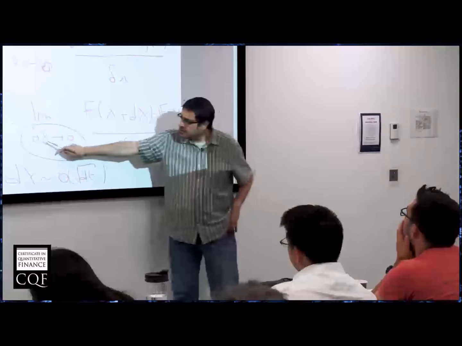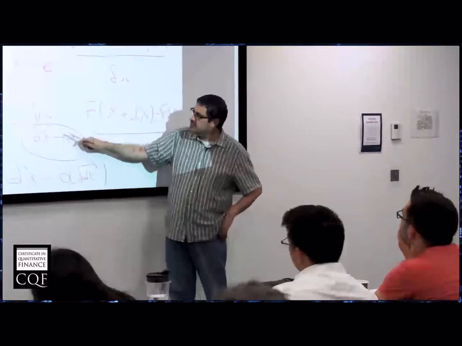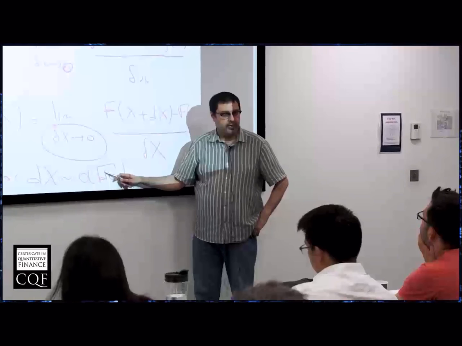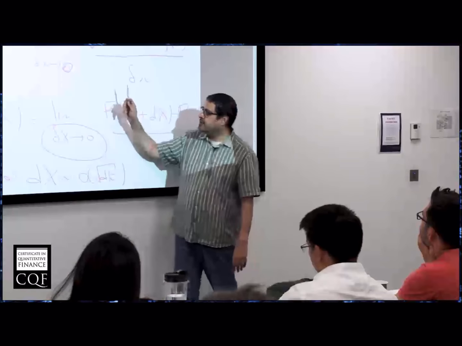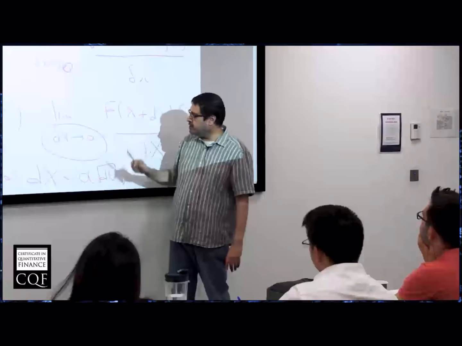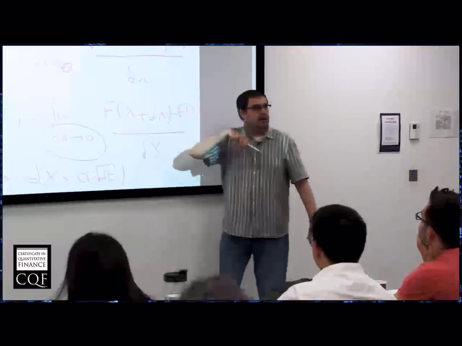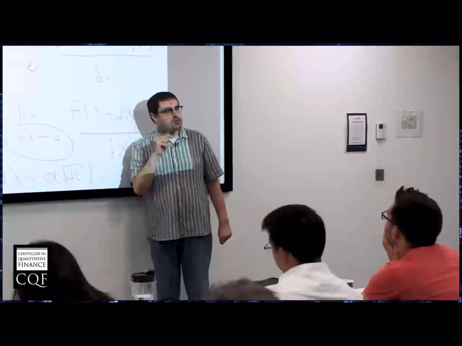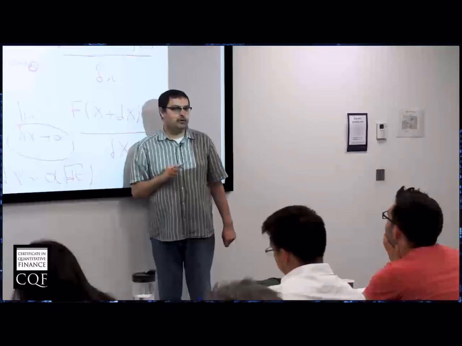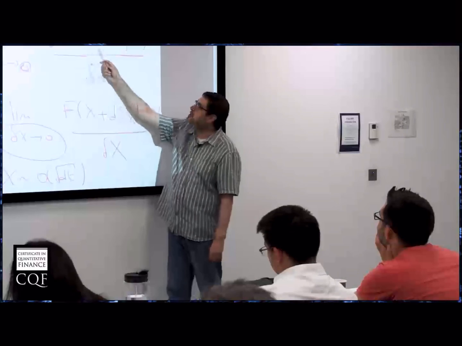You can't ask this, because this is in fact dependent on the square root of something. The rate at which the square root of something tends to 0 is very different to the rate at which the actual thing tends to 0. So if you said delta x tending to 0 versus the square root of delta x tending to 0, those are two very different quantities, which means we can't use things like this anymore.